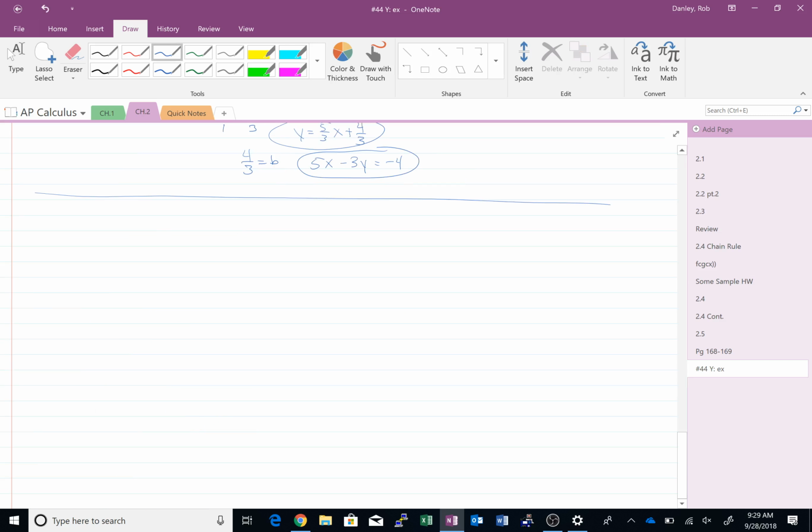All right, I'm looking on page 168, 169. I'm just going to back up a little bit, and I'm going to do some of the evens, because you can look up the odds in the back here. So let's start with 54.